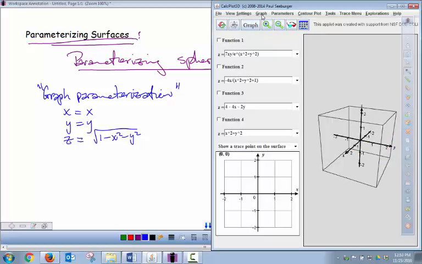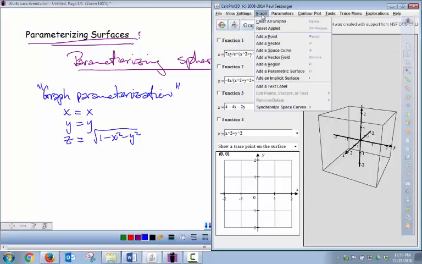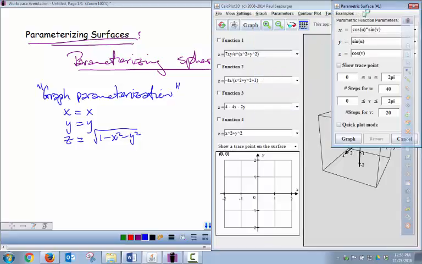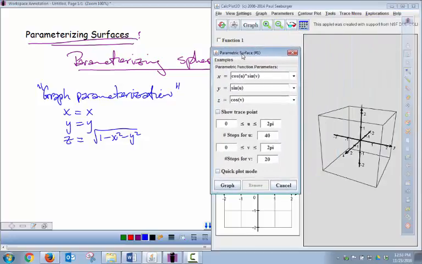That's just some example. Then we go to graph, and we ask it to graph as a parametric surface. That opens a new pop-up window, and the pop-up window has an example that you can graph and see how it looks. But if you know what you want to graph, then you're going to graph what you want to graph.